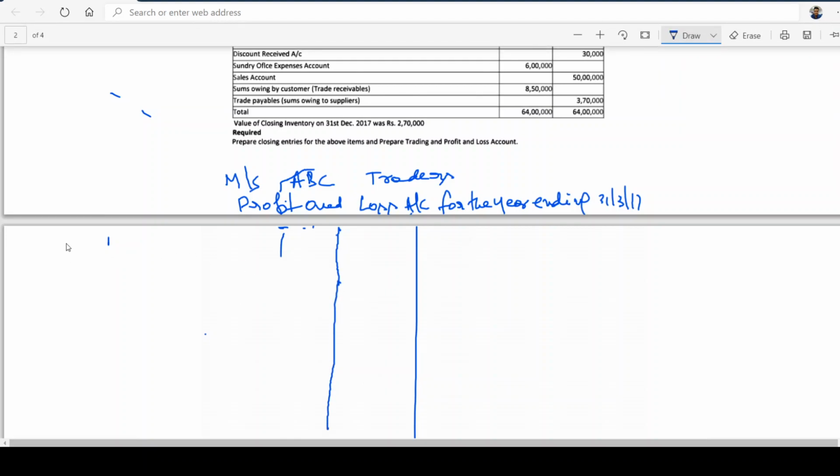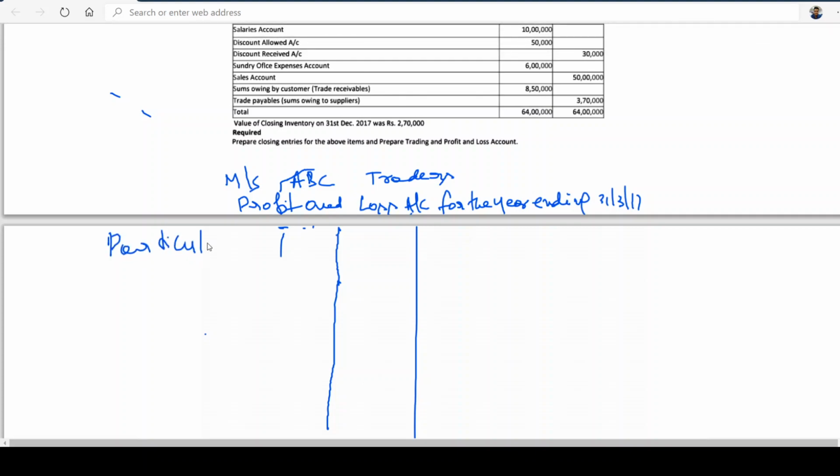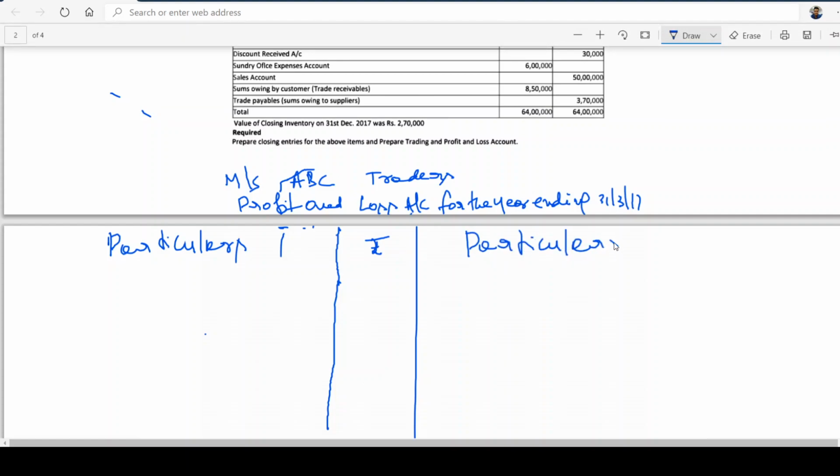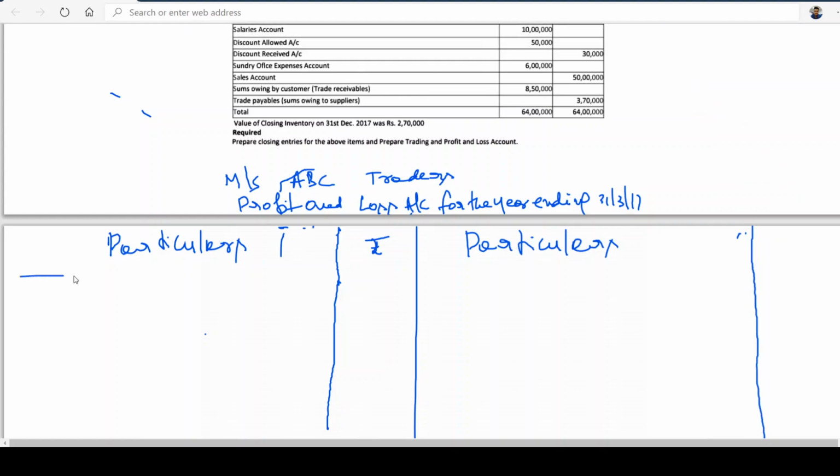Okay, you know the format. Again you write particulars here, amount in rupees, particulars, amount in rupees.